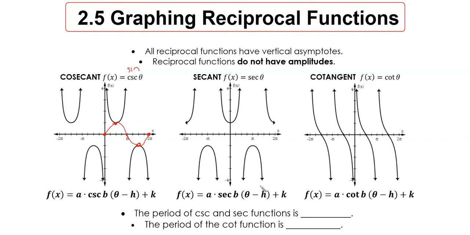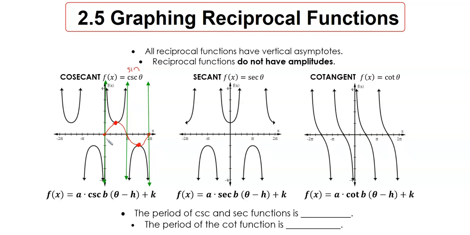So what's going to happen is, on my sine graph, everywhere I hit the midline is an asymptote for the reciprocal function. And then my reciprocal function is going to kiss the highs and lows of my sine function. Where my high point is, my cosecant graph is going to be a parabola going upwards. Where my low point is, I'm going to have a parabola going down.